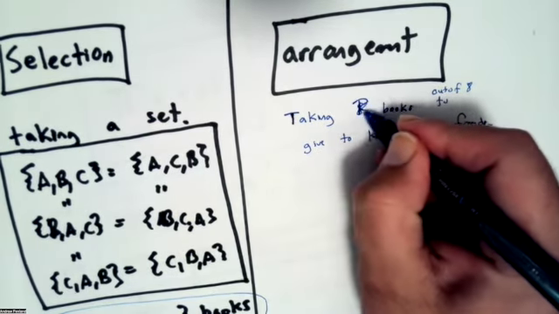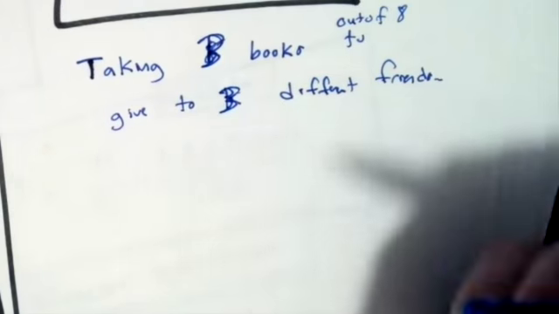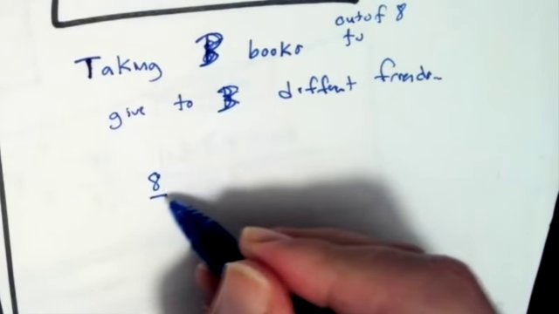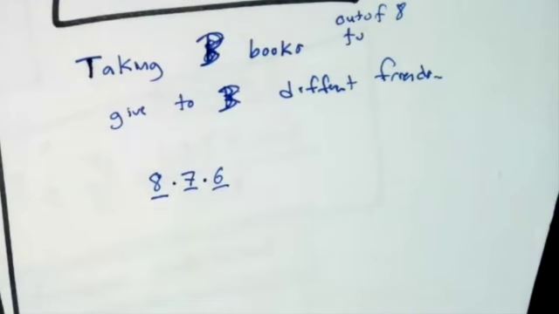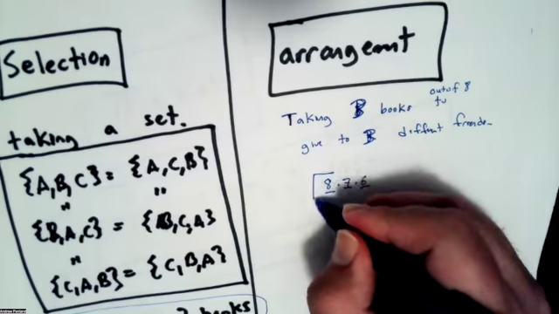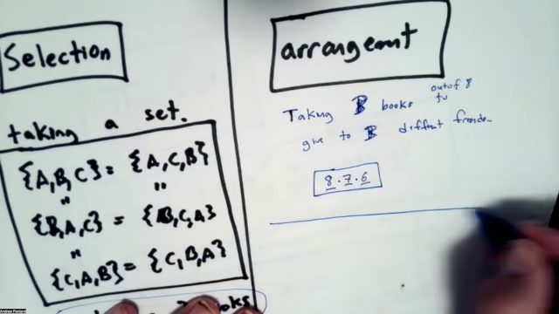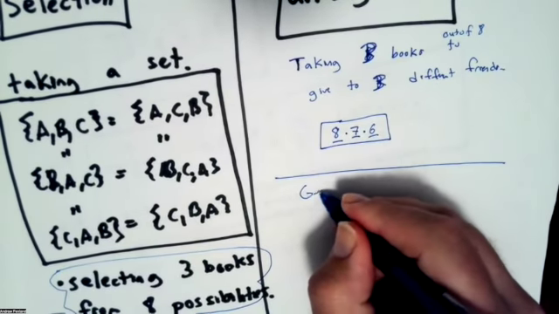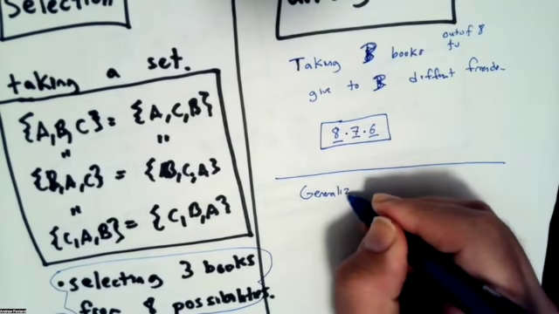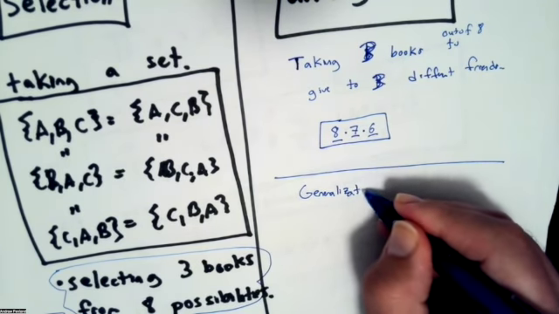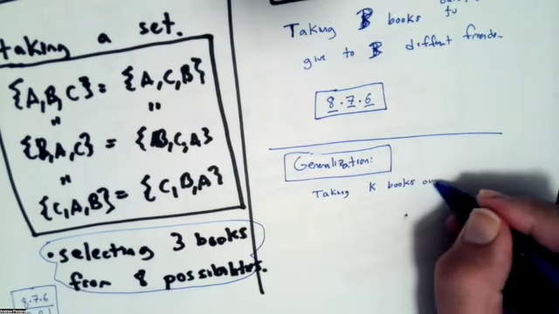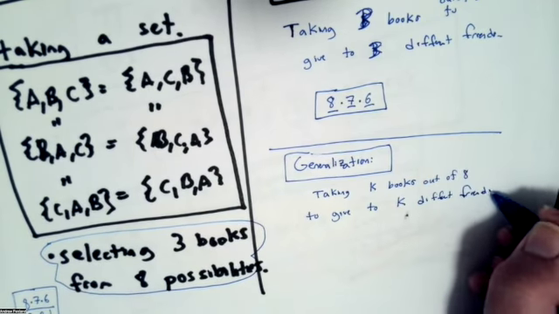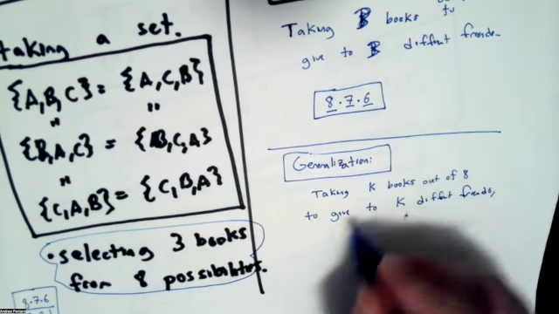This time we did 3 books and we were giving to 3 different friends, and y'all told me the answer was 8 times 7 times 6 because you were using slots, the product principle, whatever you want to call it. Now we're going to generalize this from 3 to k.